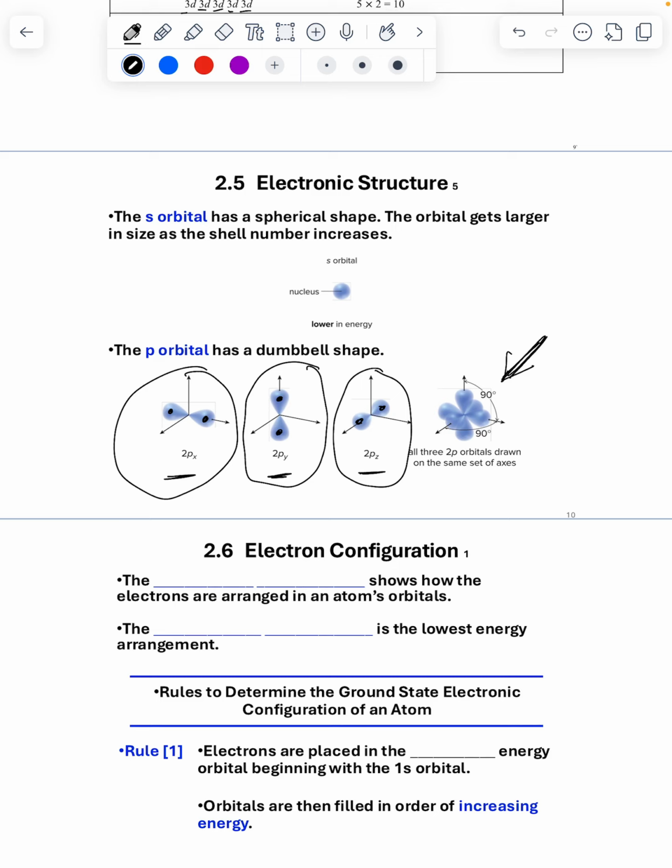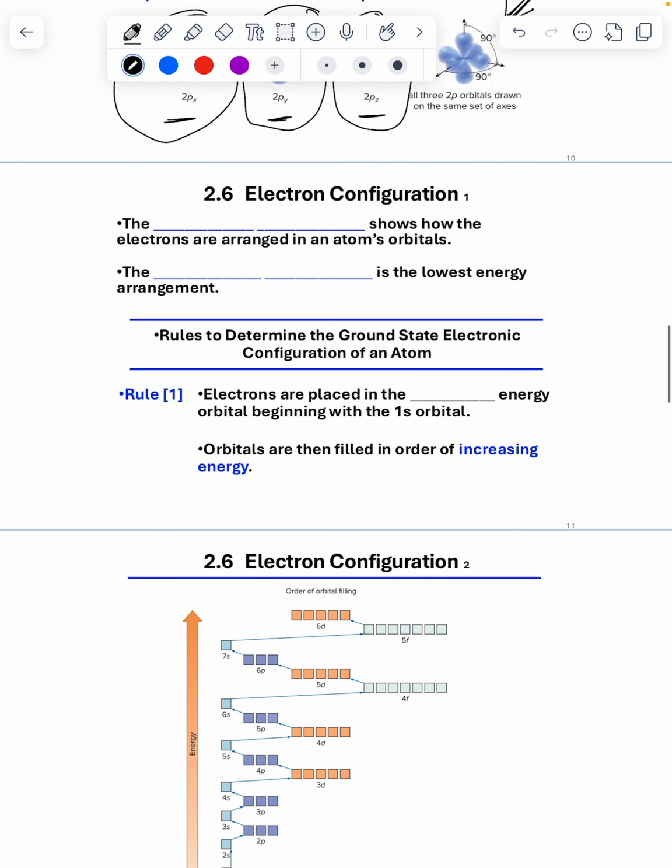All right, so how can we use all this information to give an address for every electron in the atom? That's basically what electron configuration is. The electron configuration shows how the electrons are arranged in an atom's orbitals.